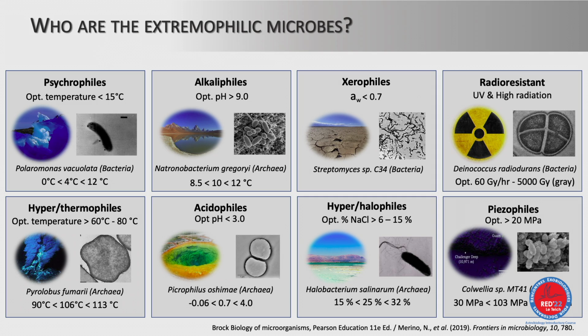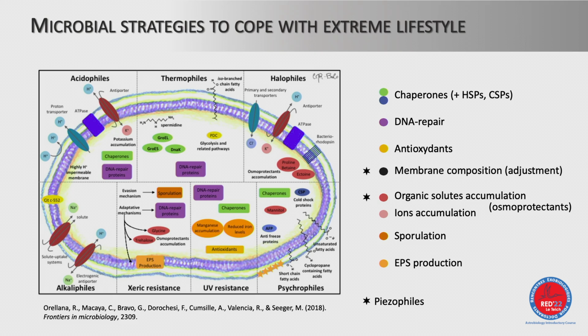So how do those microbes manage to live in these extreme environments? They develop different strategies to cope with those extreme conditions. Here you have a cell with different extremophile strategies.